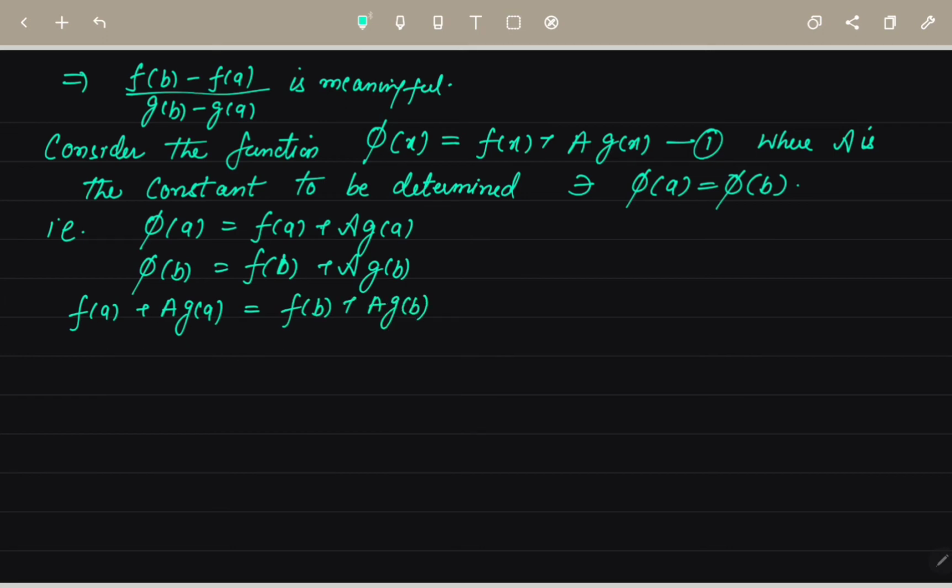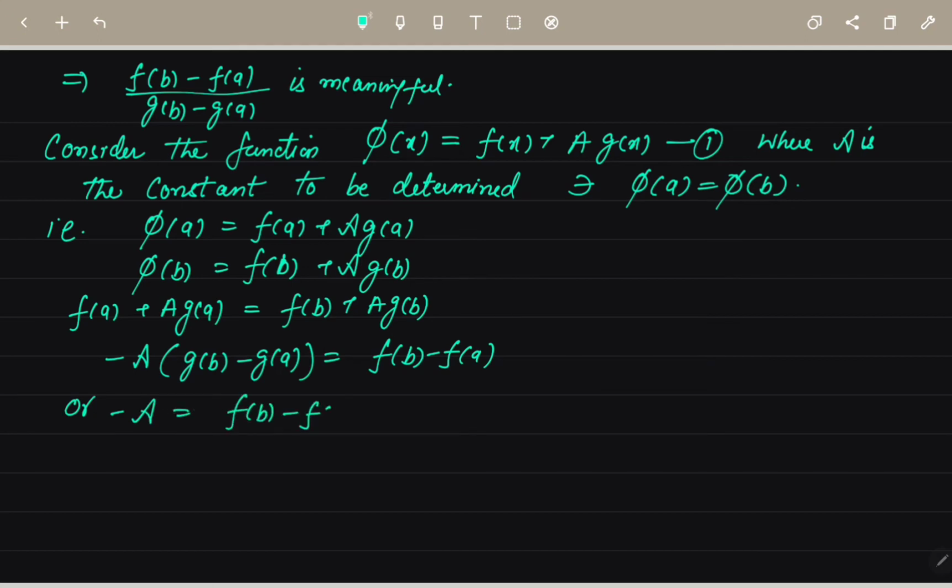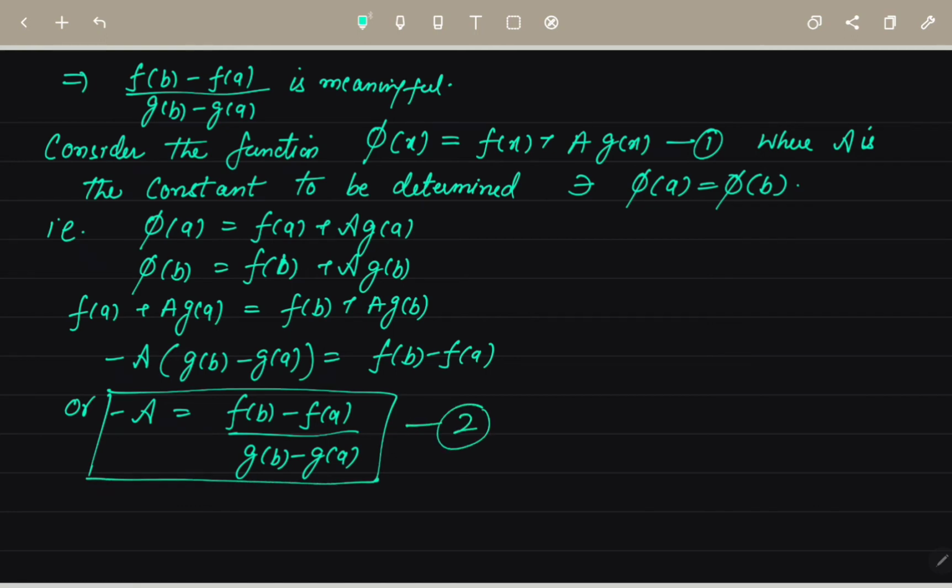So now I will simplify it and find the value of a. After simplification I get minus a into g of b minus g of a is equal to f of b minus f of a. Or I can write minus a is equal to f of b minus f of a divided by g of b minus g of a. So this is one value of a. Name it as equation number 2.